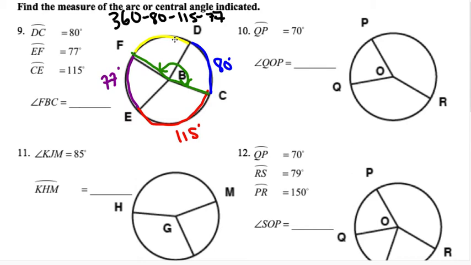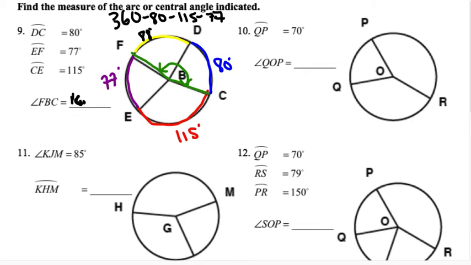So 360 minus 80 minus 115 minus 77 means that that is 88 degrees. So this is 88 degrees right here, which means 88 plus 80 is the measure of the angle.